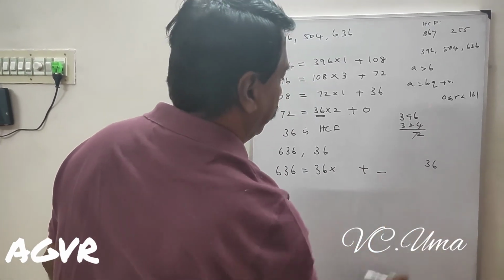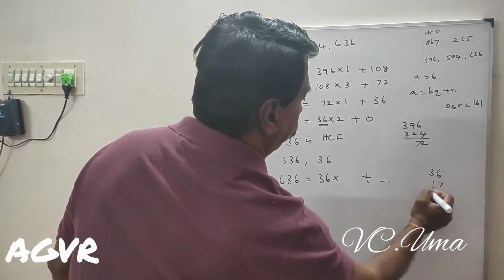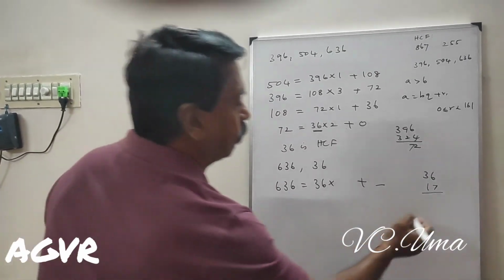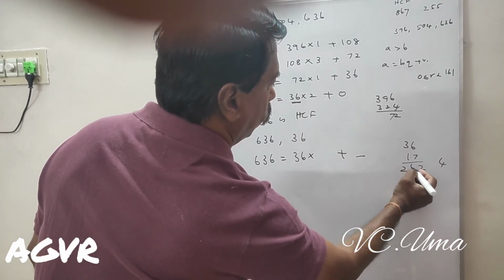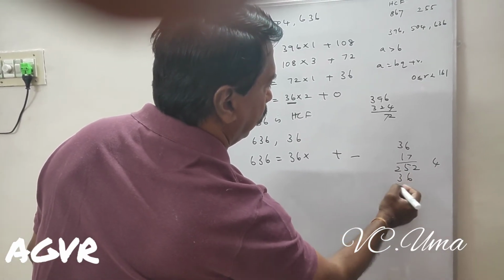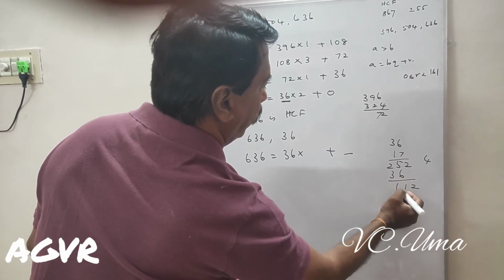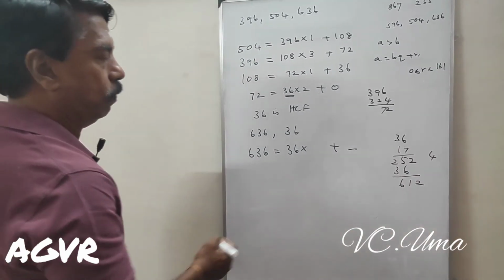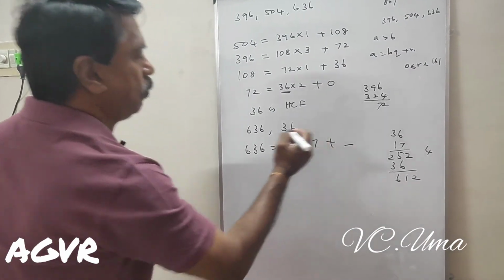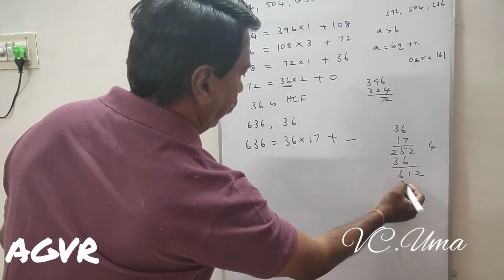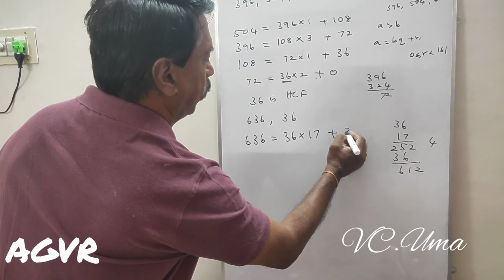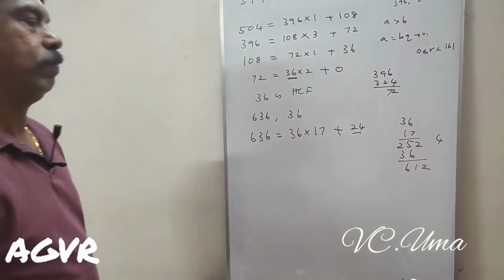We go for 17 times. 36 into 17 gives 612. From 636 we subtract 612 and we get 24.